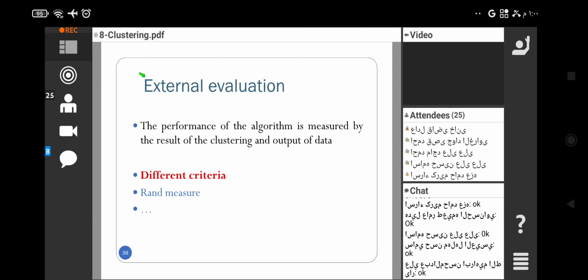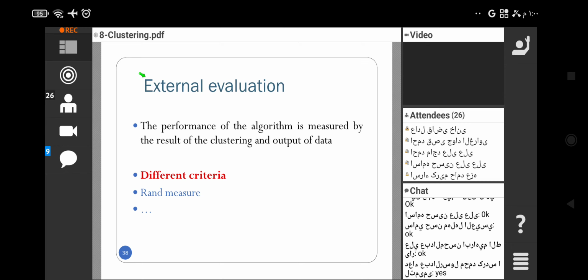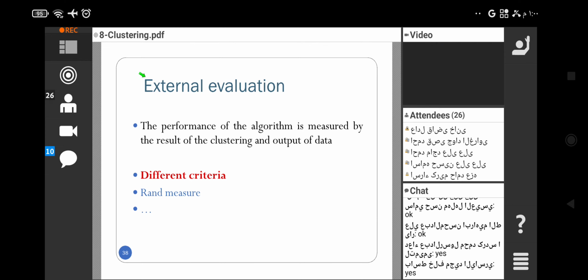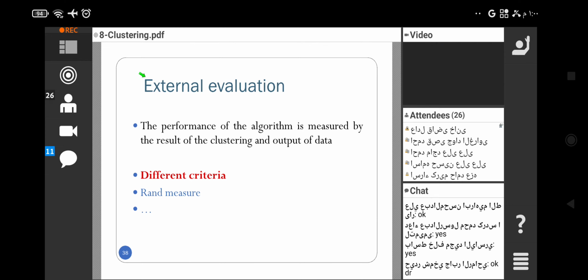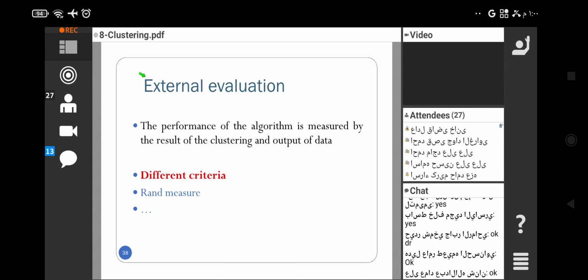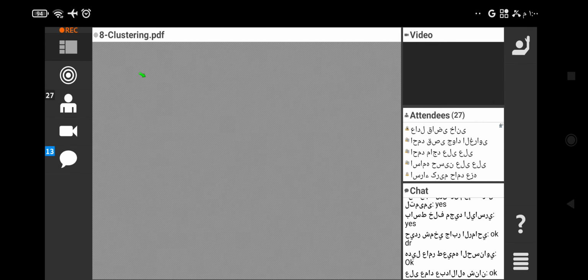So we have data that has outputs, and we want to test a clustering algorithm. Do you understand this? So this is the second method we could use for testing clustering algorithms.